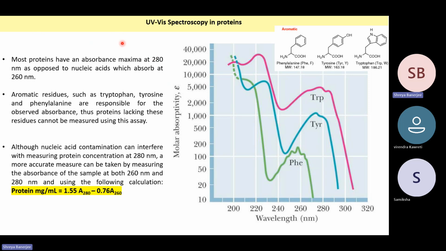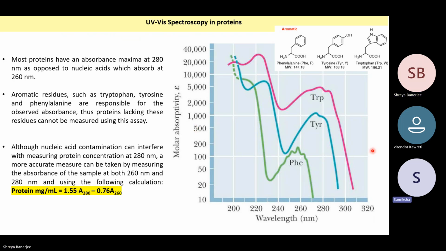Otherwise, in a general spectrophotometer where you are putting light of all the wavelength ranges, you can study any protein, because as you will see later, the amide bond itself will absorb light at a certain wavelength. But if you have a UV visible spectrometer where only wavelengths of UV visible range are passed through it, then you can only study the protein if it has one of these three amino acids.